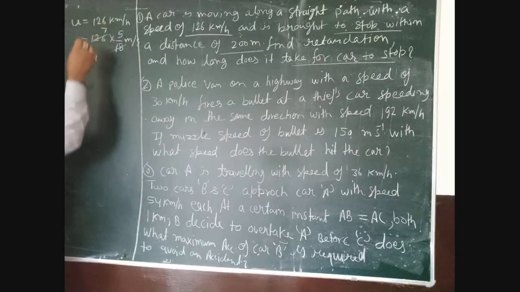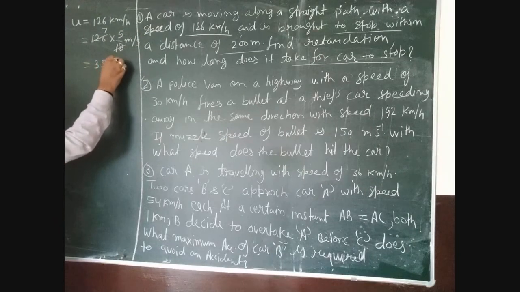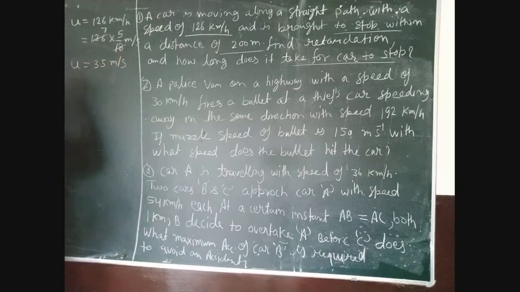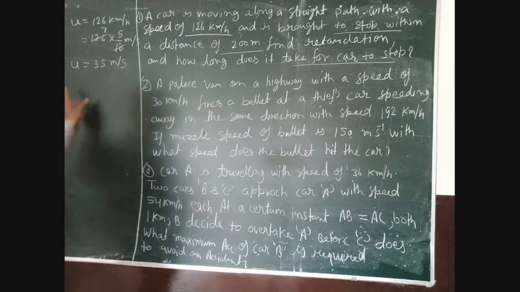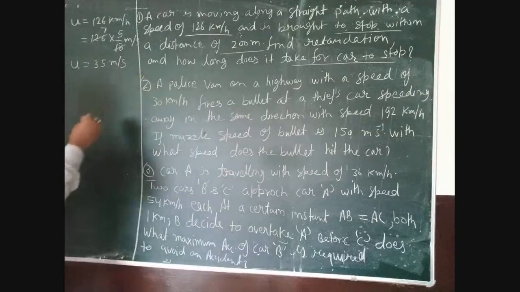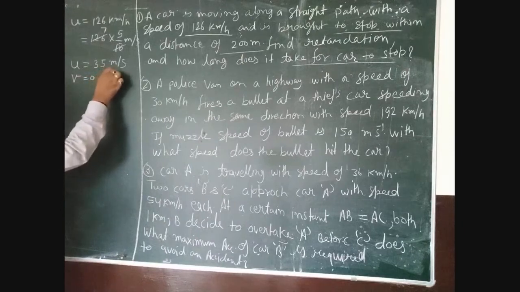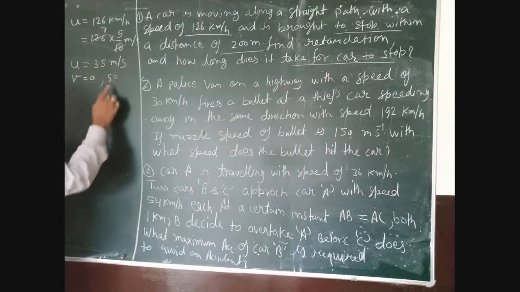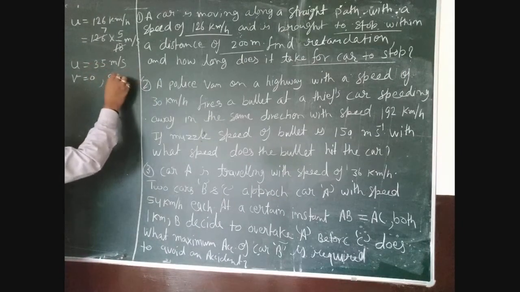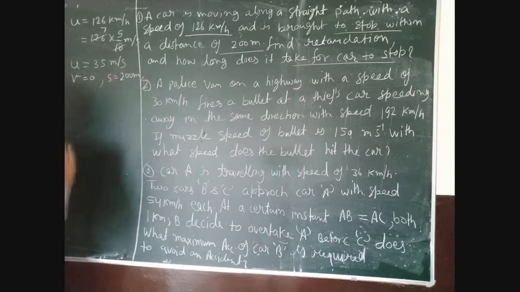This you will get is 35 meter per second. This is the initial velocity. Final velocity you have v is equal to 0 after traveling a distance s is equal to 200 meter. Okay.